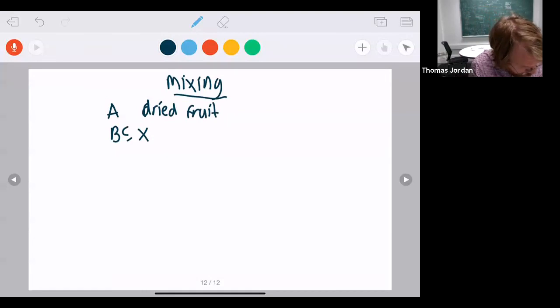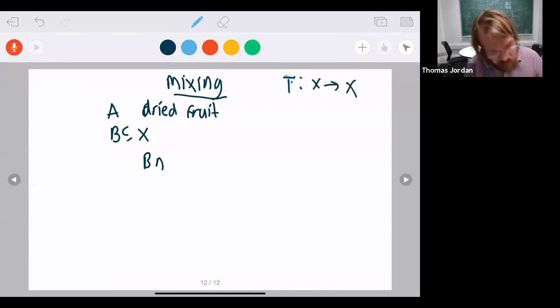So to look at that, we want to look at the set B. We're calling our map T from X to X. X would just be our space of the dough and fruit combined.